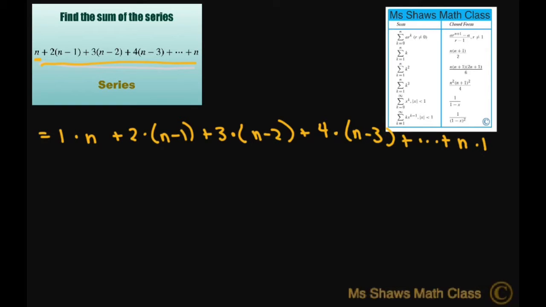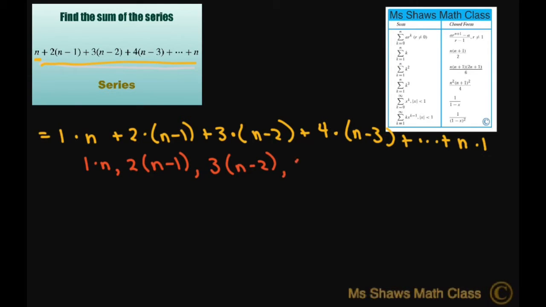All right, now that we have that, let's look at our sequence. If we just look at the terms, we have 1 times n. The next one is 2 times n minus 1. Next term is 3 times n minus 2.